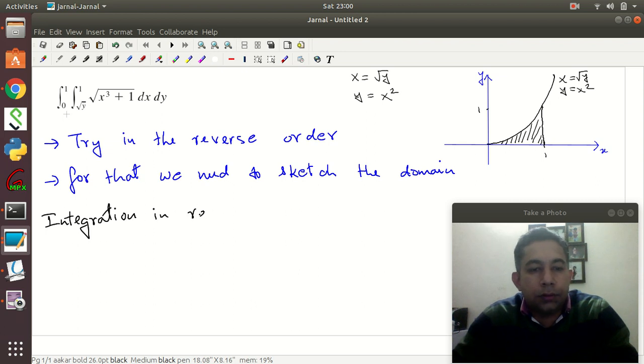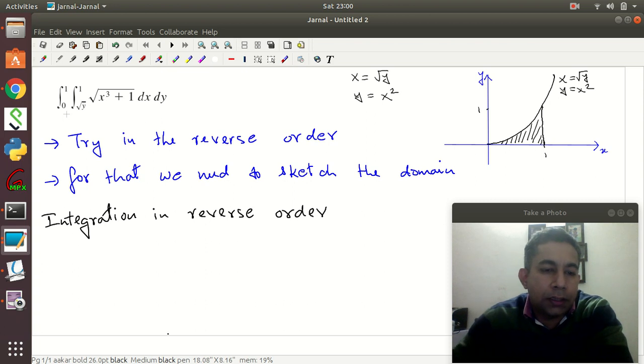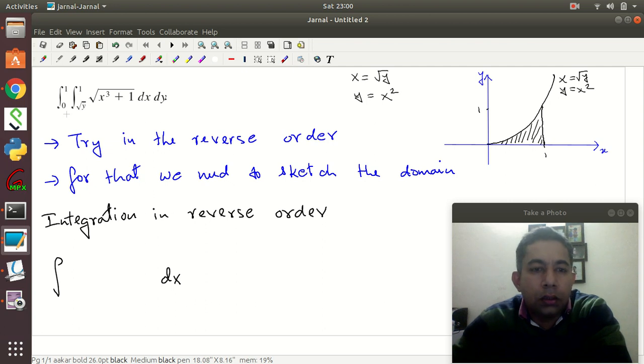In reverse order, it will look like what? So outside is x, dx, and then dy. In this region x is going from 0 to 1.